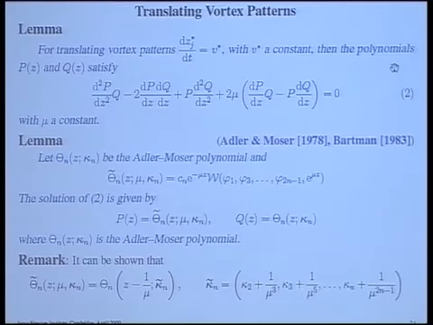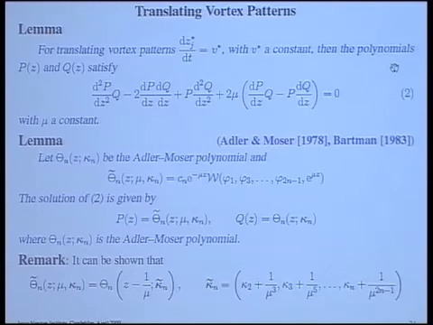Translating vortex patterns is almost as easy. Now in translating vortex patterns, you have this additional term added on, where mu is a constant related to the constant velocity. And now you take what effectively is a modified Adler-Moser polynomial.